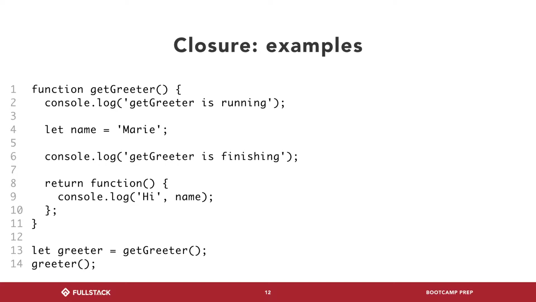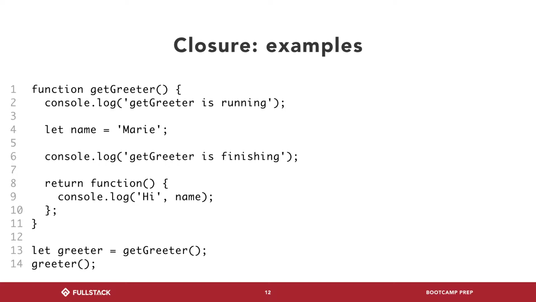Since we're asking for the return value of getGreeter, that value is the returned anonymous function, and then we're asking for the value of the anonymous function. So we'll log out hi, name, and then it's going to say, oh, there's no name variable in the anonymous function. It's going to go out and pull up name from the variable name, which is Marie. So it'll log out hi, Marie, and then return.